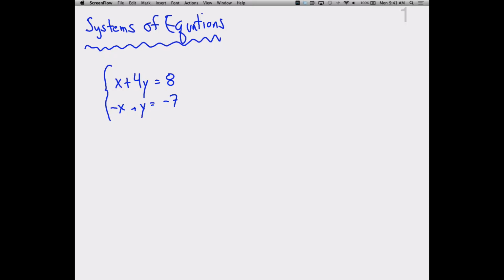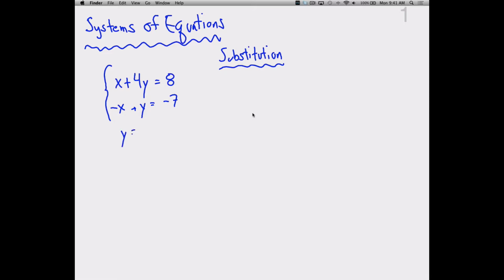Okay, good. So let's solve that. The first method we're going to use is called substitution. We're going to solve one of the lines for one of the variables and then plug that into the other equation. So I'm going to choose to solve the bottom equation for y.